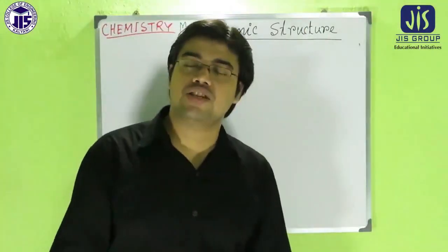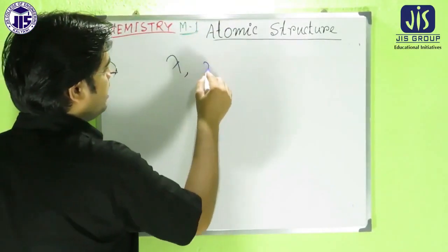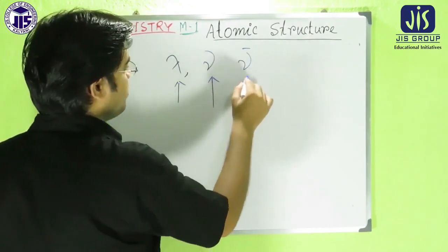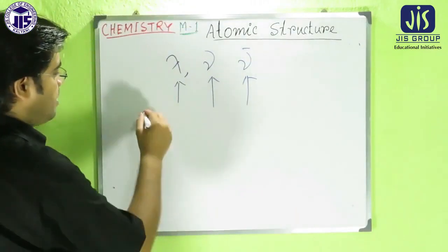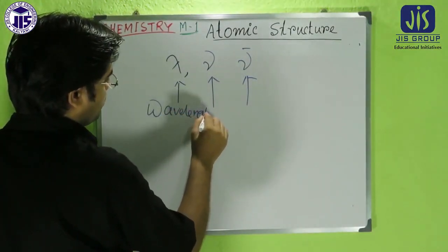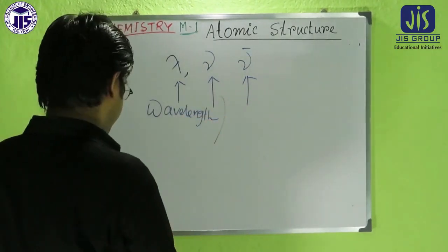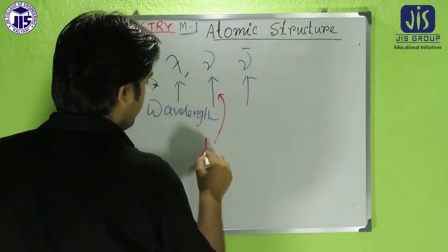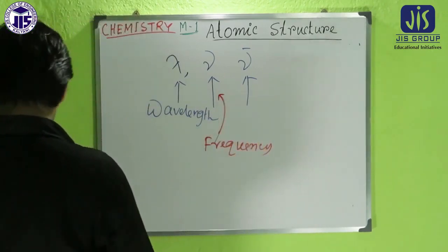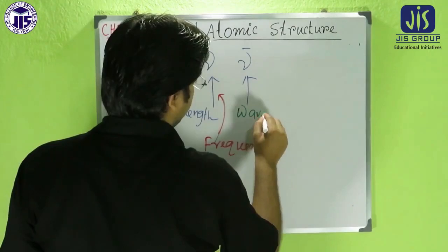We can also determine some kinds of parameters, like lambda, like nu, like nu bar. What is the meaning of each sign? Lambda means the wavelength, nu means the frequency, and nu bar means the wave number.